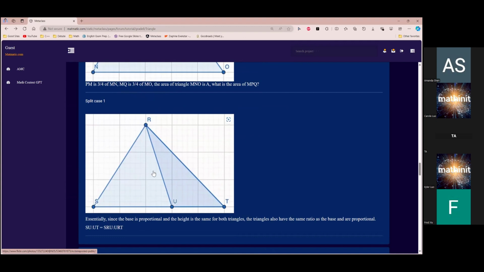So this is a similar case to the one above. Since SU and UT are proportional, and since they share the same height, triangle SUR is similar to the triangle URT.